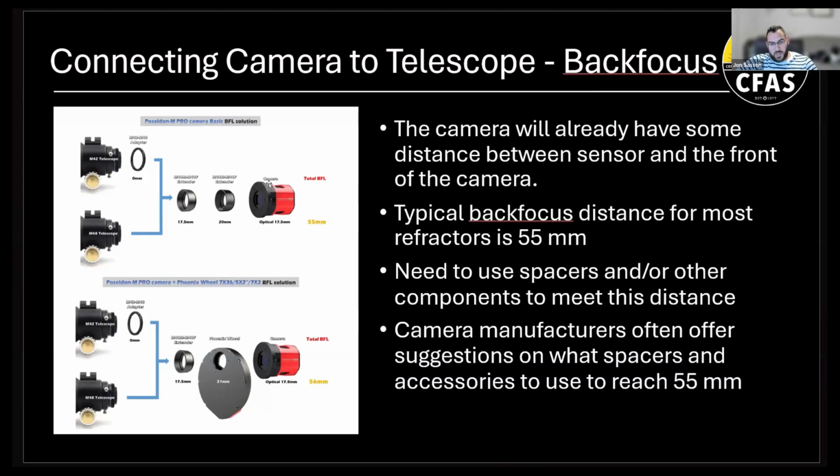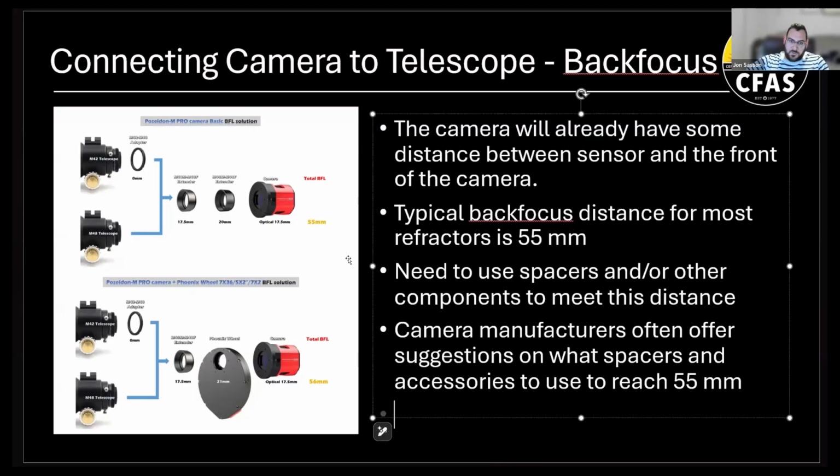So because I already have 17.5 millimeters, now I only need another 37.5 millimeters to reach 55. And I can get that 37.5 either by having two adapters, or I can have a filter wheel, which is 21 millimeters, and this adapter here that's 17.5 millimeters.